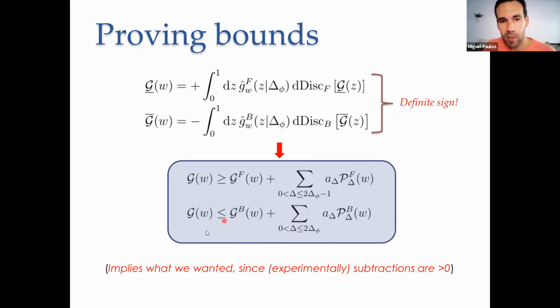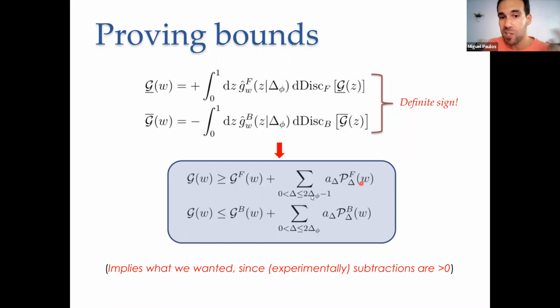And in particular, let's look at the upper bound first. Clearly, if you have a gap up to 2 delta phi, then these terms are not present, and then this implies the bound that we wanted to prove. Okay, so that's good. For the lower bounds, well, in this case, it's hard. So the Polyakov blocks that live below this threshold, we don't have a good integral representation for them that manifests positivity.